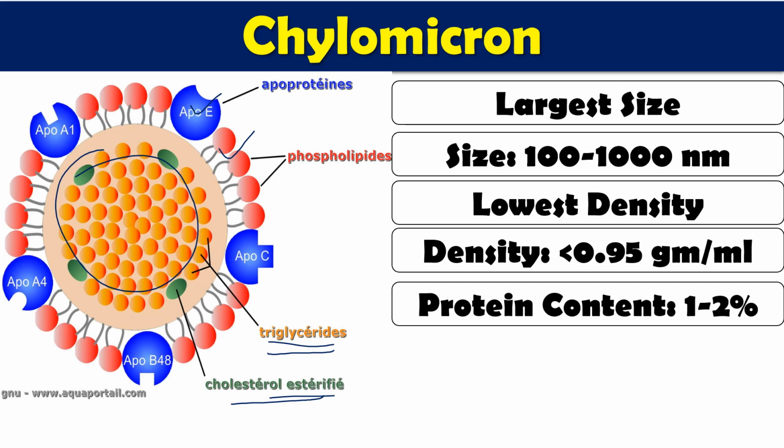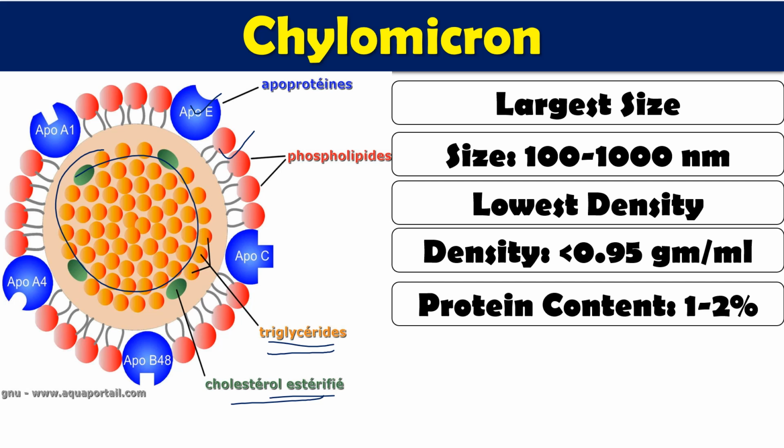The protein component in the chylomicron is the lowest among all the lipoproteins, only 1 to 2%. If protein content increases, density also increases. So protein increases the density.